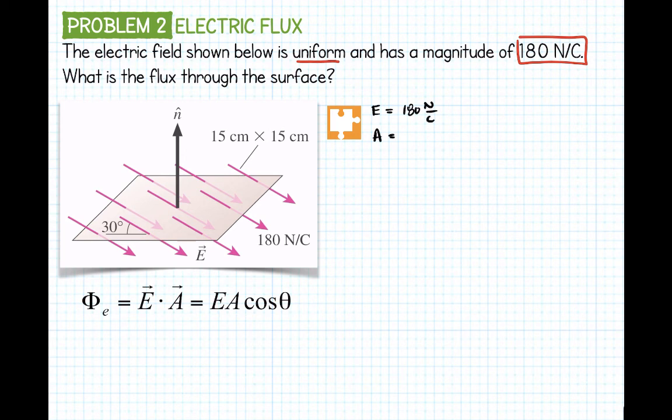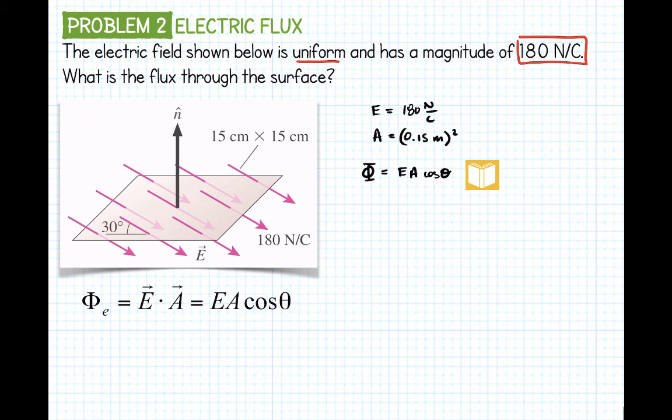The area is 0.15 meters, and this is a square, so that's 0.15 meters squared. And then we know that our flux is EA cosine theta. The only real tricky thing is that the angle is not exactly given to us.